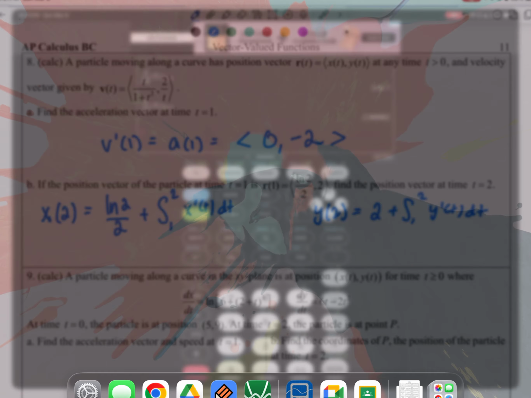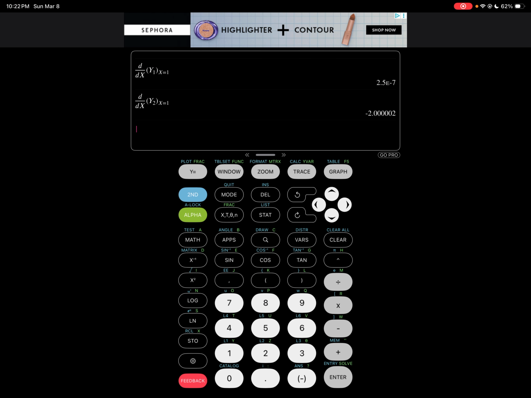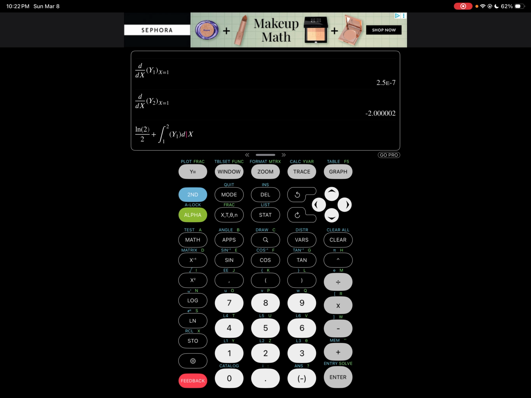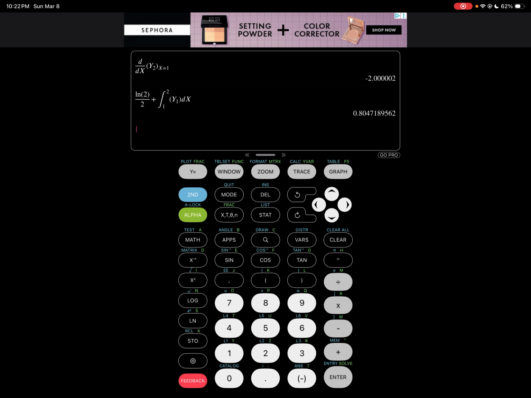So then we are going to do that in our handy dandy calculator by doing ln of 2 over 2 plus the integral from 1 to 2 of dx dt. And that gives us 0.8047. And then you're going to do the same thing for dy dt.